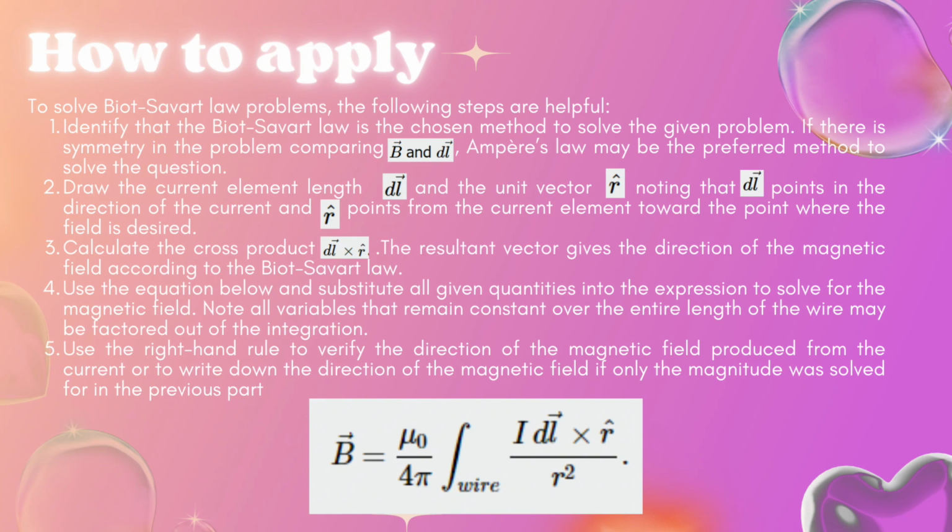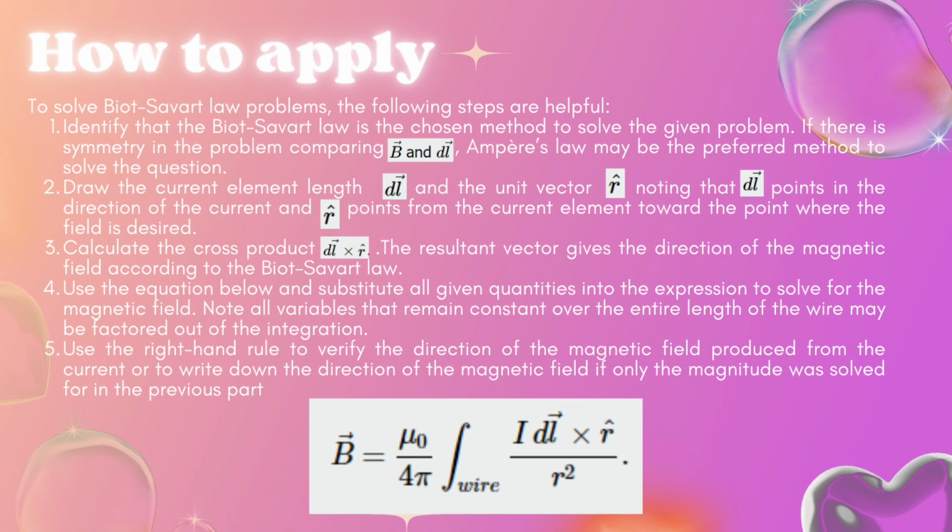Number 3. Calculate the cross product of the infinitesimal wire segment and the distance. The resultant vector gives the direction of the magnetic field across the Biot-Savart law. For the fourth, use the equation below and substitute all given quantities into the expression. To solve for the magnetic field, note all variables that remain constant over the entire length of the wire may be factored out of the integration.